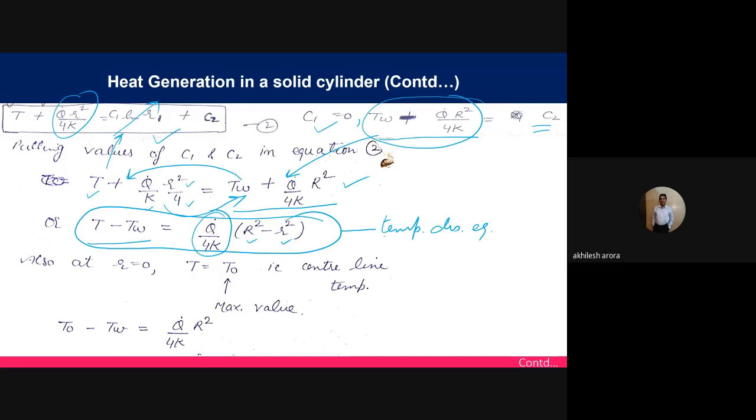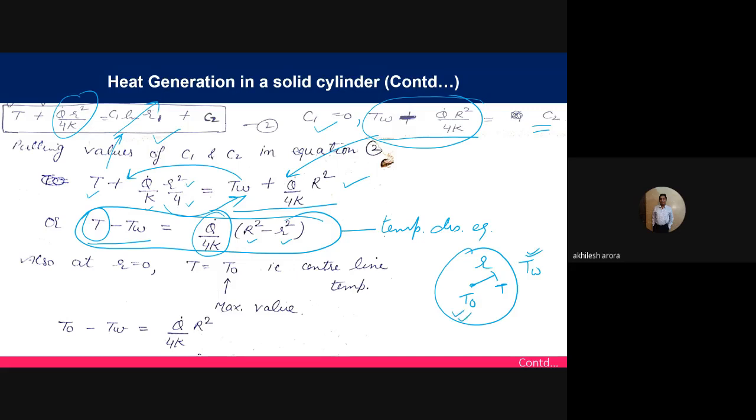And then, because in the last lecture also I told you, we would like to represent the value of T. Now what is this T? This T is the temperature at any radius r. So here the temperature is T, here the temperature is T wall, and at the center the temperature is T naught. So we want to calculate the value of T in terms of T naught as well as TW.